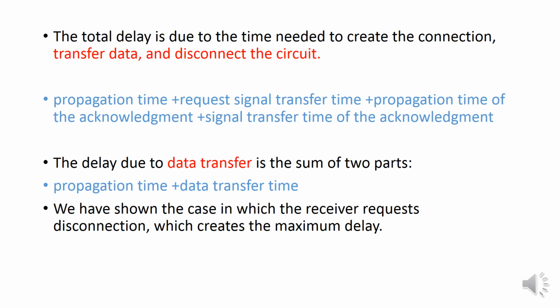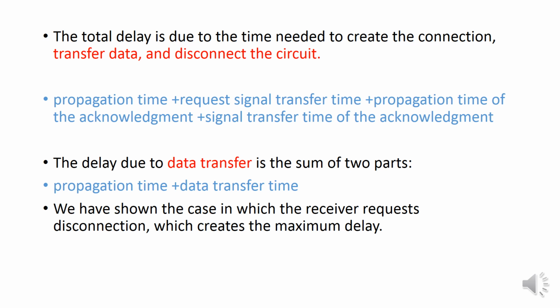We can calculate the total delay in terms of three parameters. The total delay depends upon the connection establishment between those two devices, the data transfer, and disconnection of the circuit, that means the termination phase.